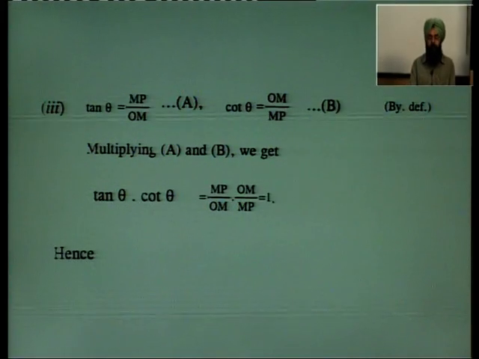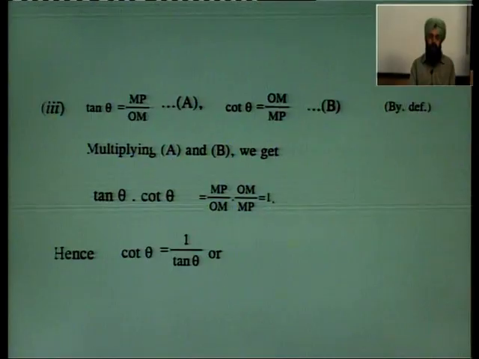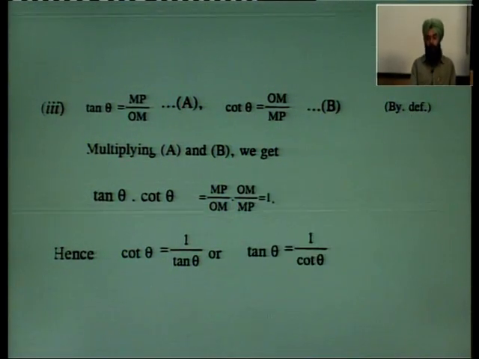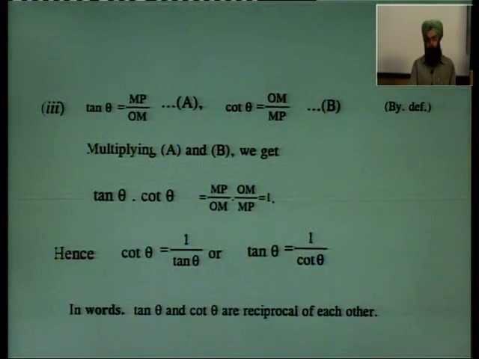Therefore, tan theta into cot theta is equal to 1, or cot theta is equal to 1 over tan theta, or tan theta is equal to 1 over cot theta. So tan theta and cot theta are the reciprocals of each other. In the same way we proved it for sin theta and cosecant theta, and cos theta and secant theta.